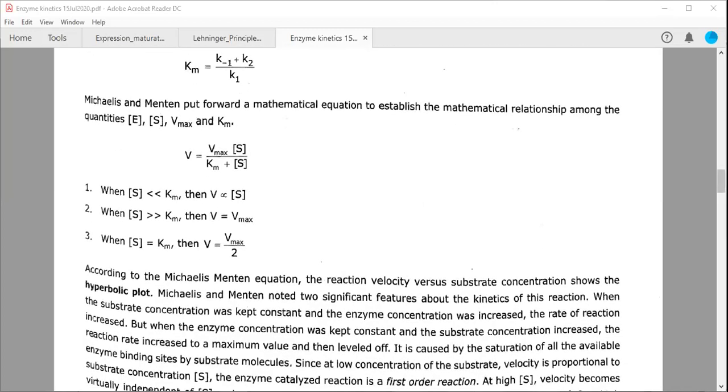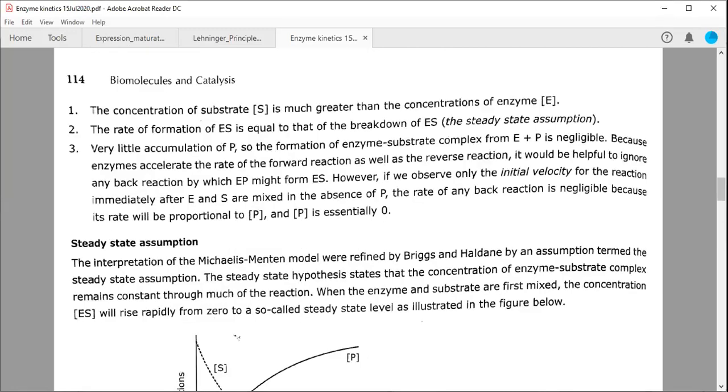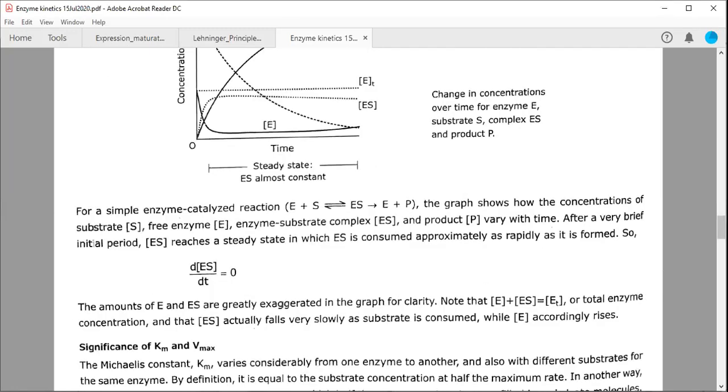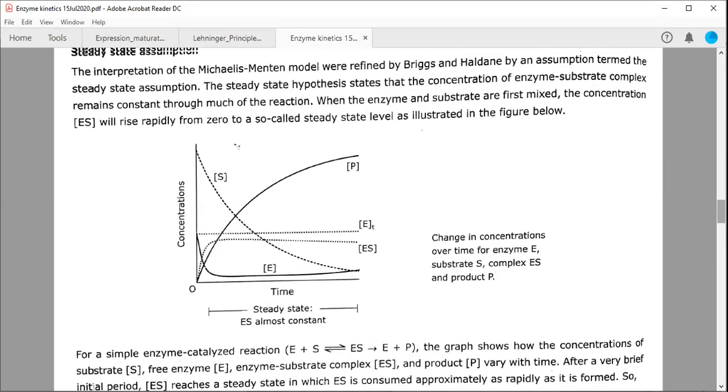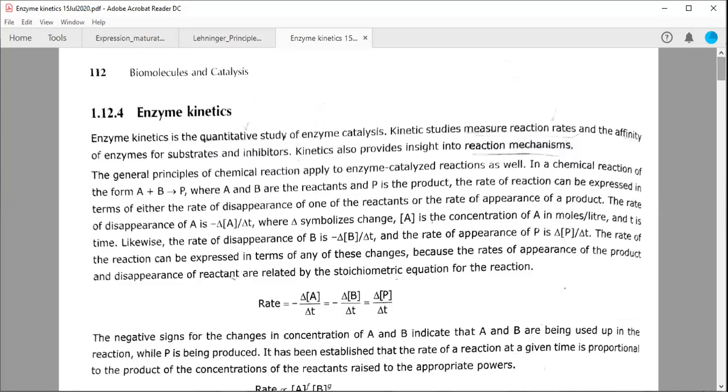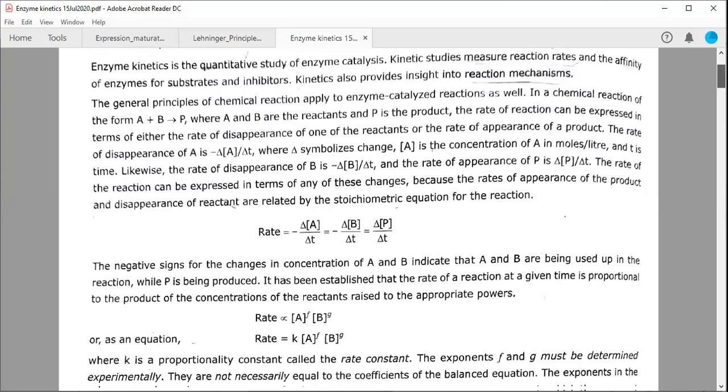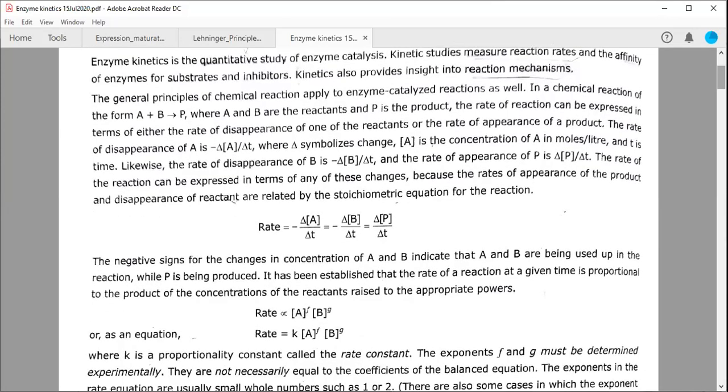This is the core of enzyme kinetics, the core of enzymology. It is very easy to understand if you have a good concept of enzymes and proteins, and if you know about the three-dimensional structure of proteins and enzymes. There is no rocket science in enzyme kinetics.